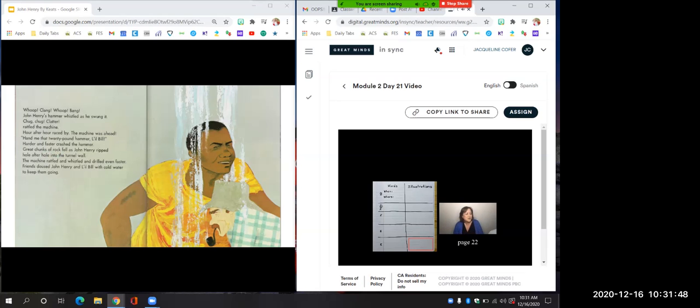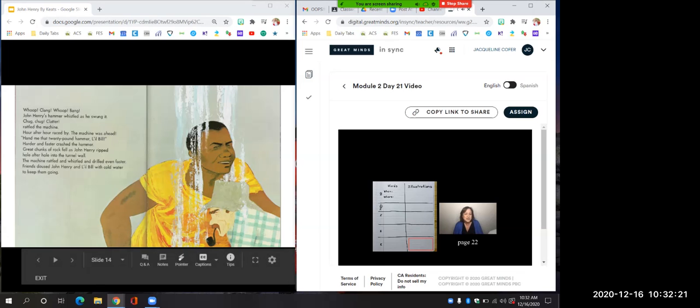John Henry's hammer whistled as he swung it. Chug, chug, clatter rattled the machine. Hour after hour raced by. The machine was ahead. "Hand me that 20-pound hammer, little Bill." Harder and faster crashed the hammer. Great chunks of rock fell as John Henry ripped hole after hole into the tunnel wall. The machine rattled and whistled and drilled even faster. Friends doused John Henry and little Bill with cold water to keep them going.